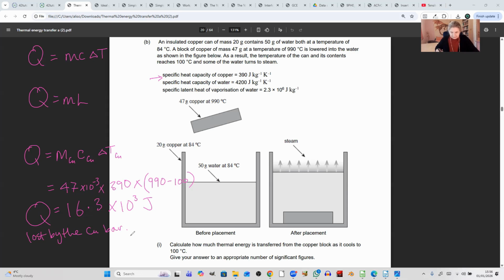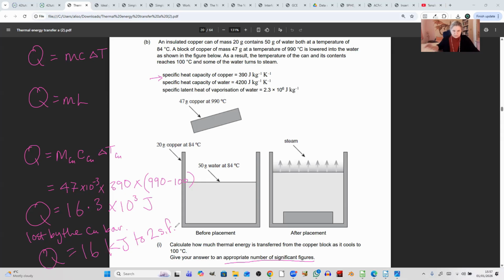Right, what's the correct number of significant figures? Because it says an appropriate number of significant figures. So it's 2. Everything is to 2. So my answer's not right. I should have done 16 times 10 to the 3, so 16 kilojoules. Okay, so Q is actually 16 kilojoules, two significant figures.